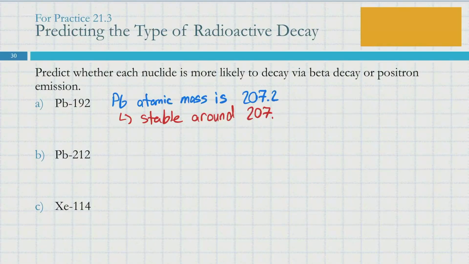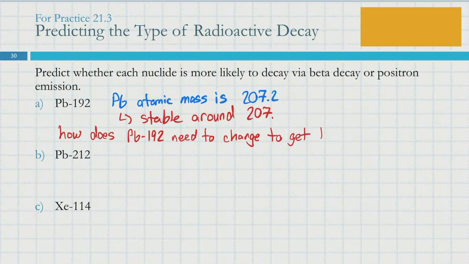So then we want to think about how lead-192 needs to change to get to 207. What needs to happen? We need to increase our number of neutrons.